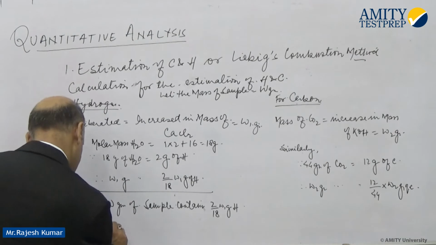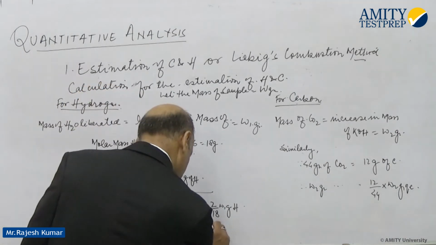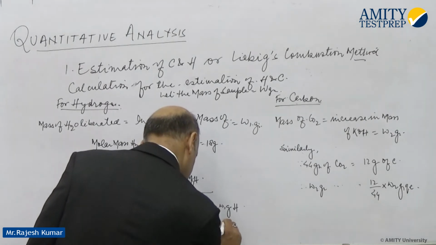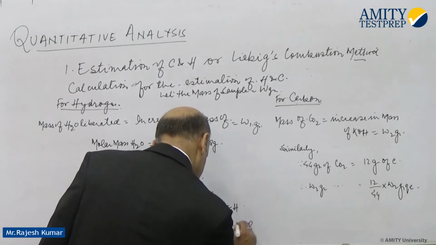So 100 gram of this sample will contain 2 upon 18 into W1 by W into 100.